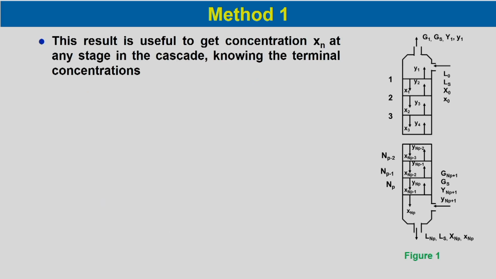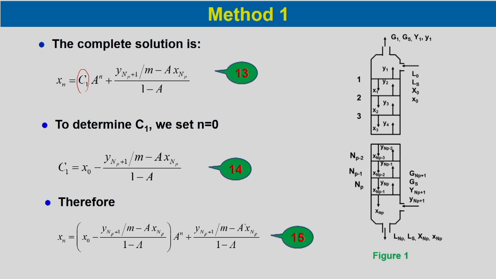Now, we will consider this result is useful to get the concentration x n at any stage in the cascade, knowing the terminal concentration. So, if we know the terminal concentration, that is x n p, which is coming out at the bottom, and y n p plus 1, which is the inlet feed gas composition, and x naught, which is the entering liquid, we can calculate x n, that is the composition at any tray inside the column.